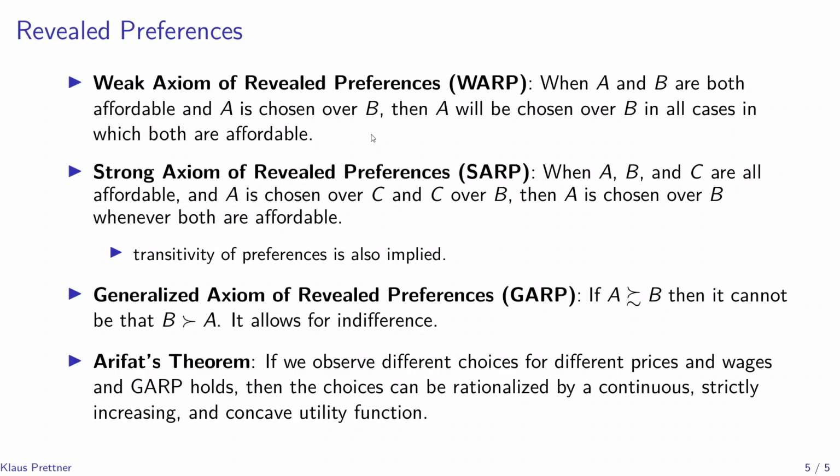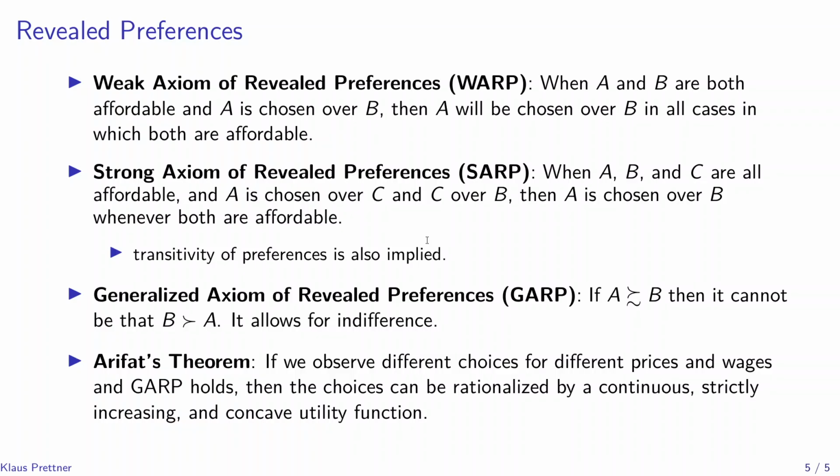So the weak axiom of revealed preferences we've basically already discussed. When a consumer chooses the consumption bundle A over B and both are affordable, then A is chosen over B also for all other budget sets in which both of these choices are affordable. So that's the weak axiom of revealed preferences, or WARP.